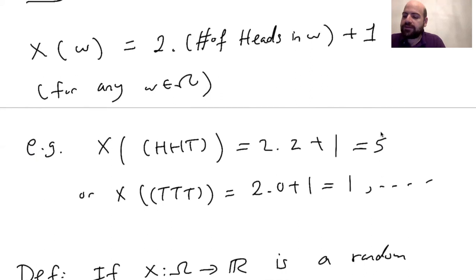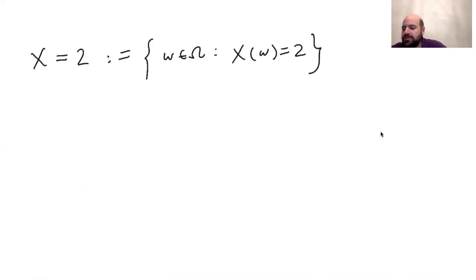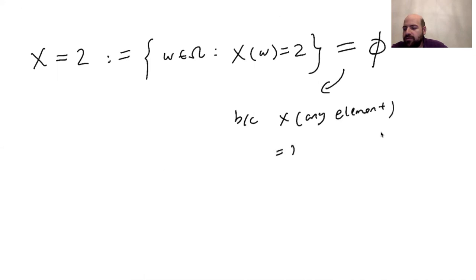For example, capital X of this element is 5, or capital X of this element is 1. Capital X of which elements are 2? The answer is no element, because capital X of any element is defined to be 2 times an integer plus 1, which is always an odd number. It cannot be equal to 2. So this is equal to the empty set, because capital X of any element is 2 times some number plus 1, which is an odd number.